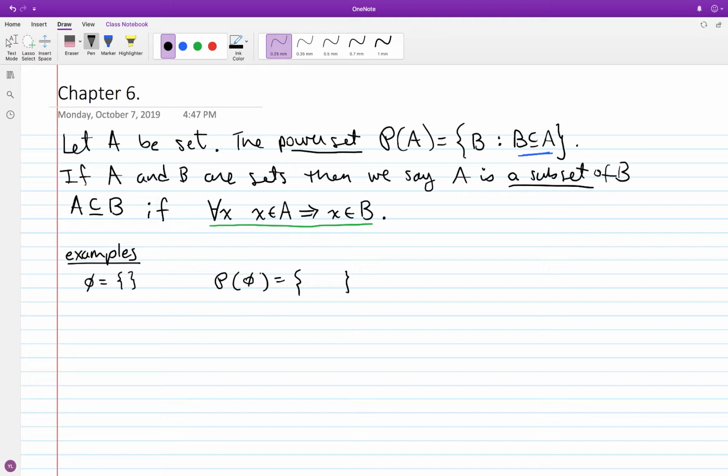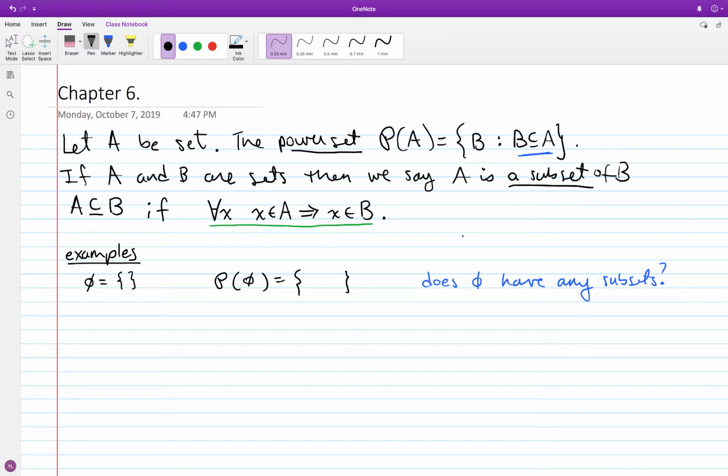So I have to think about that for a second. So question, does the empty set have any subsets? Answering this question will actually give us a more general result. So pause the video and try and answer that question.